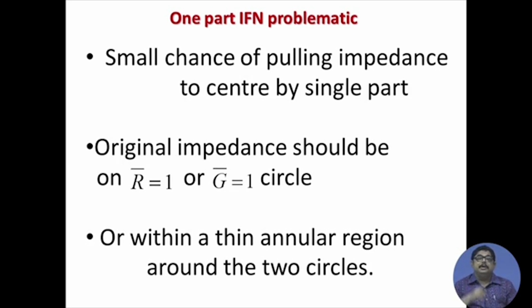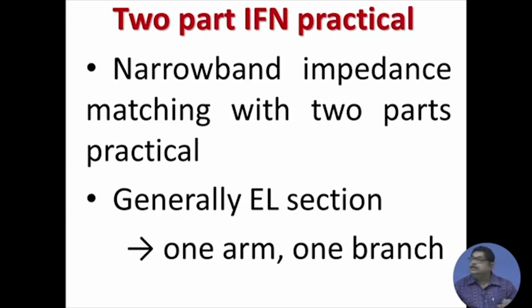If the original impedance is not on a constant resistance or constant reactance circle, then by pulling alone with a single element you cannot do that. But the whole game changes if we use, instead of one part, a two part impedance matching network. Narrow band impedance matching with two parts is more practical.